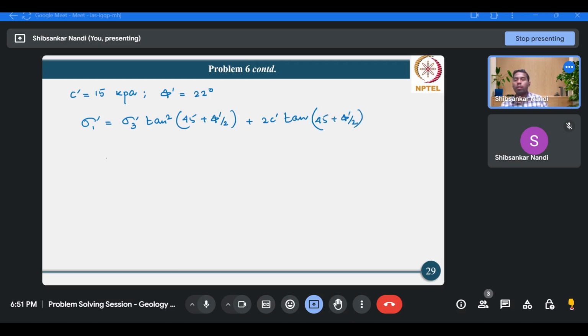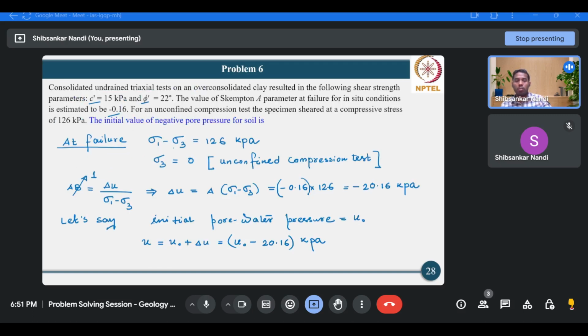Now what are the sigma 1 prime and sigma 3 prime? Sigma 1 prime is sigma 1 minus u, and sigma 3 prime is sigma 3 minus u.